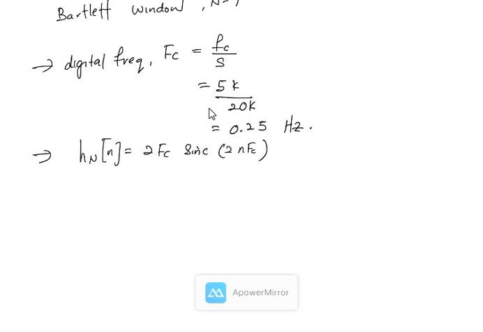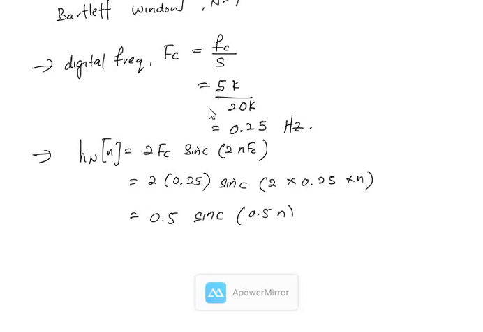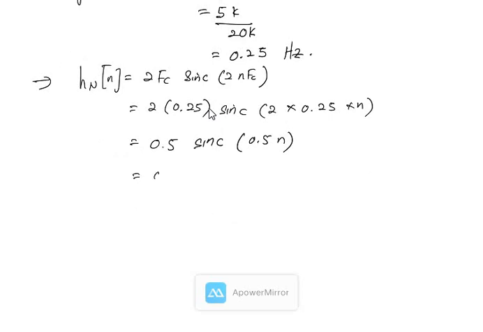So this is the formula, and we substitute in fc, that is 0.25. Then 2 times 0.25 is 0.5, so this is equivalent to 0.5 sin(0.5πn) divided by 0.5πn.